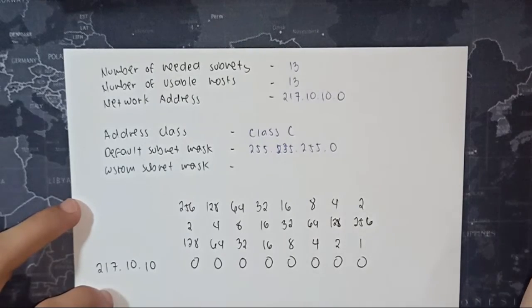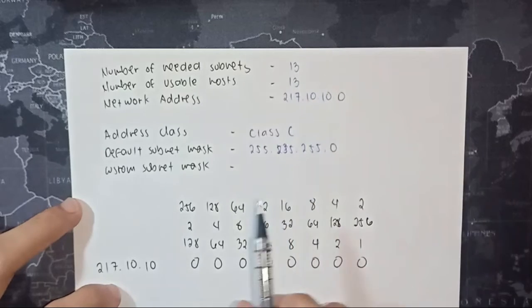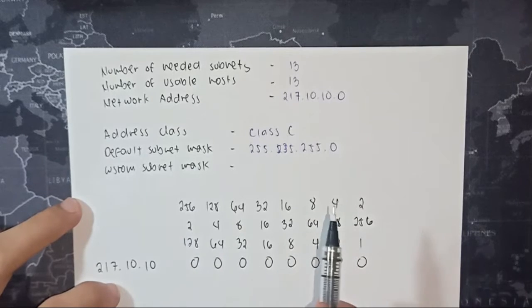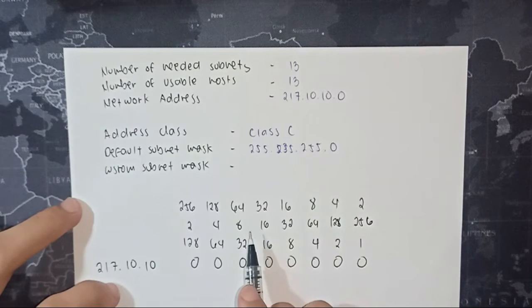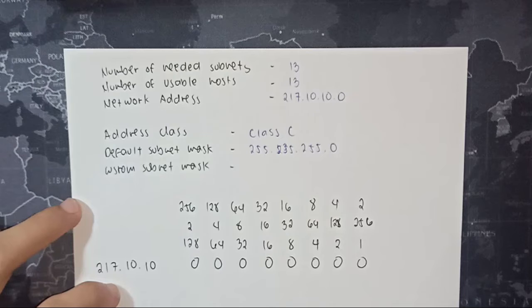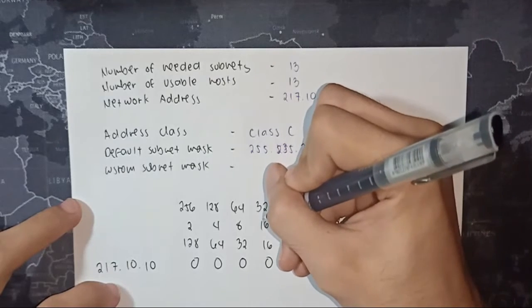We are now gonna look for the number of needed subnets, which is 13. So in this line, in the number of subnets, we're gonna find the number 16. But in this case, there is no specifically number 13. So we have to find the nearest number after the 13, which is 16. So we're just gonna encircle it.